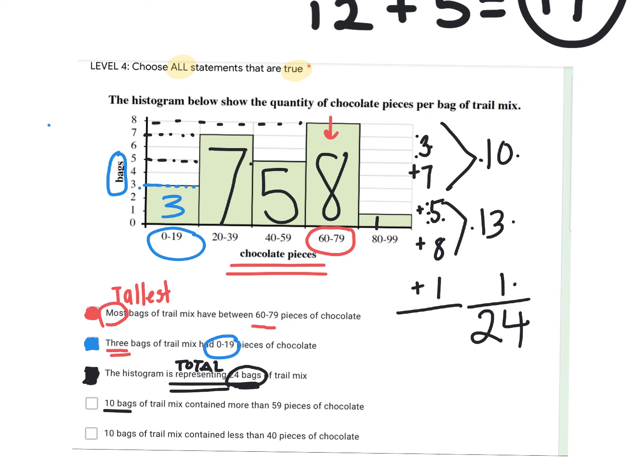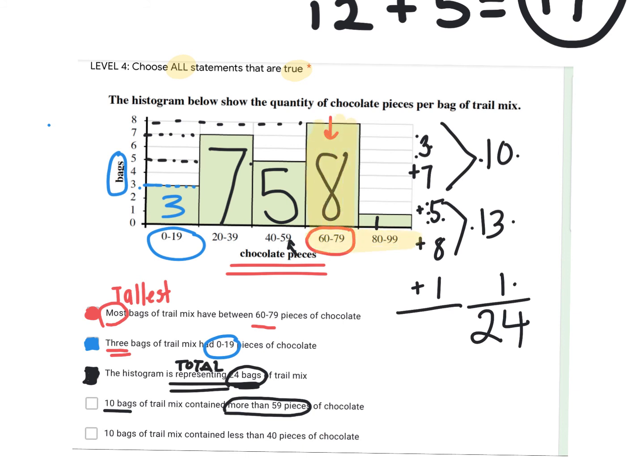10 bags of trail mix contained more than 59 pieces, so anything bigger than 59. Okay, let's highlight this. What's bigger than 59? Okay, so here's 59 right here. Right? So anything bigger than that, that means this is bigger and this is bigger.